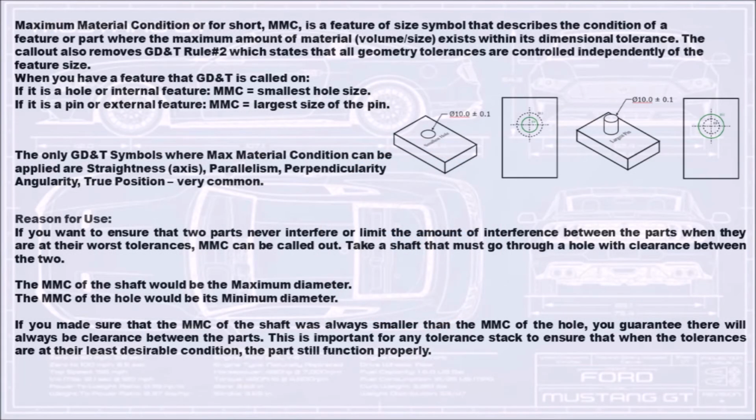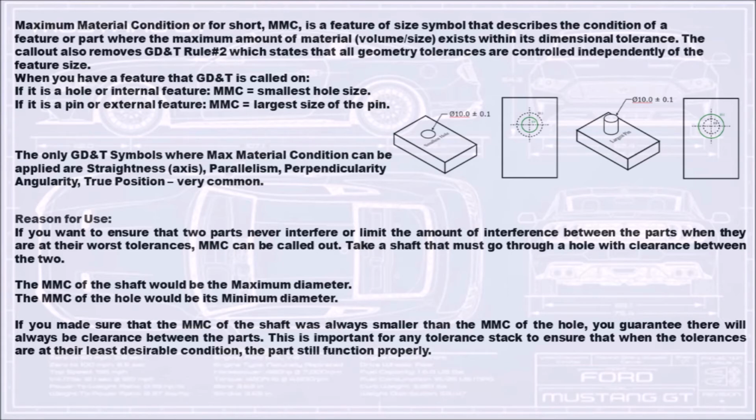Maximum material condition, or for short, MMC, is a feature of size symbol that describes the condition of a feature or part where the maximum amount of material, volume/size, exists within its dimensional tolerance. The callout also removes GD&T rule number 2, which states that all geometry tolerances are controlled independently of the feature size.